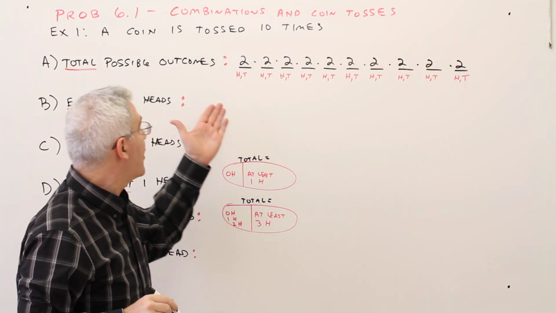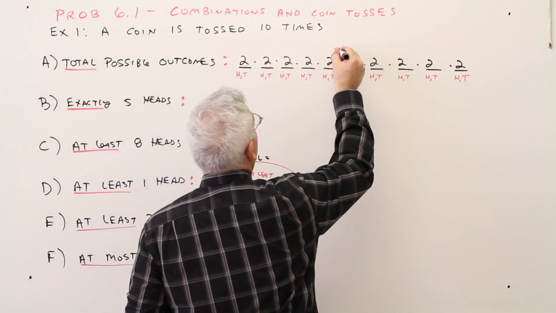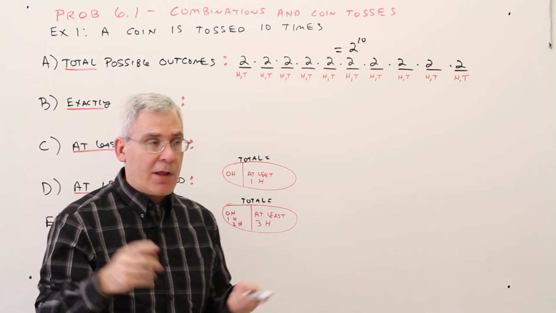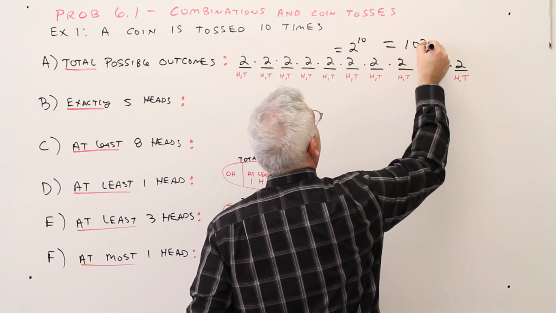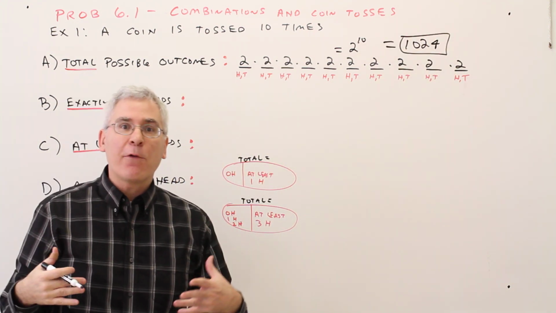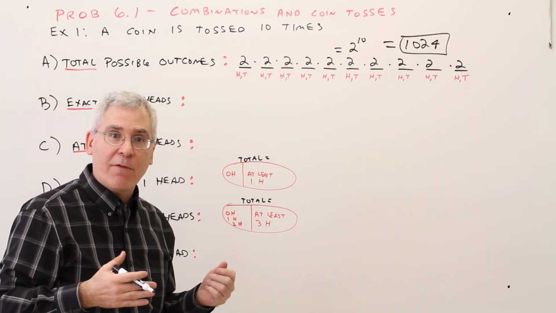A shorthand notation would be 2 to the 10th. You could use your fingers or your calculator, and you get 1,024. So there's 1,024 possible different outcomes.